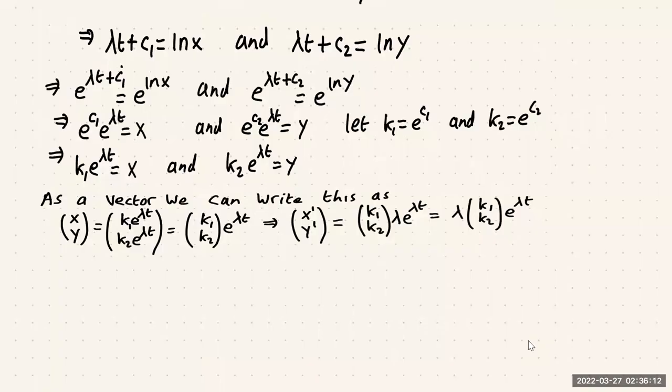As a vector, we can write our x y vector. The x can be written as k1 e to the lambda t, and in place of y, we can write k2 e to the lambda t. Then I can pull out the e to the lambda t, which I've done here.